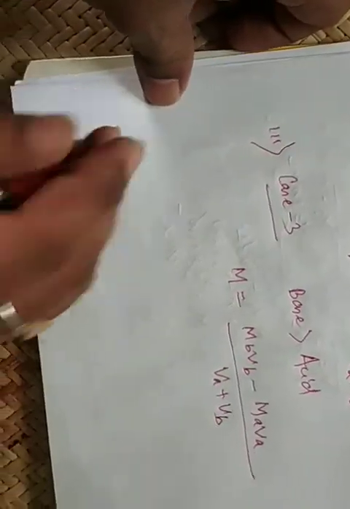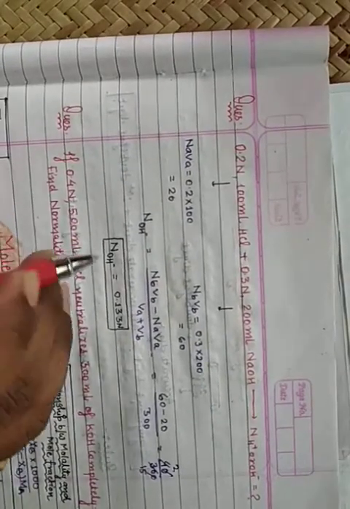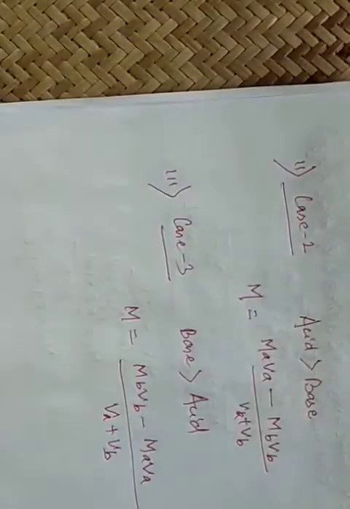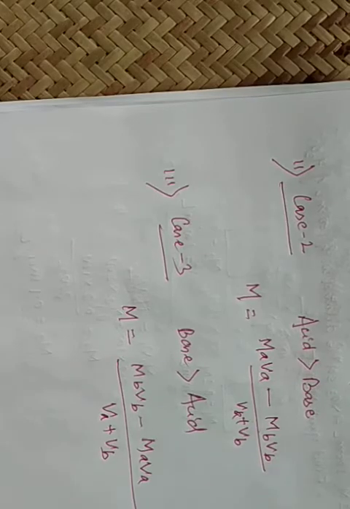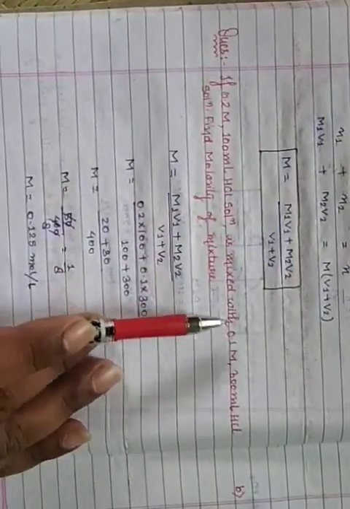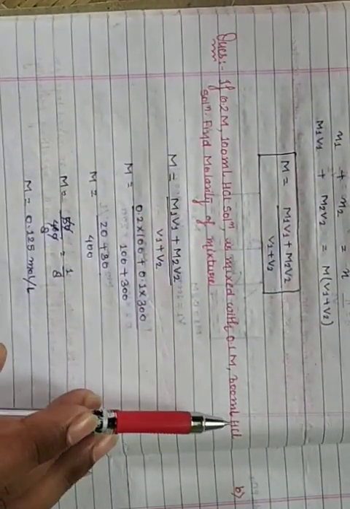So now here is a question. Okay, I have a question. 0.2 molar of 100 ml HCl solution is mixed with 0.1 molar 300 ml HCl solution.